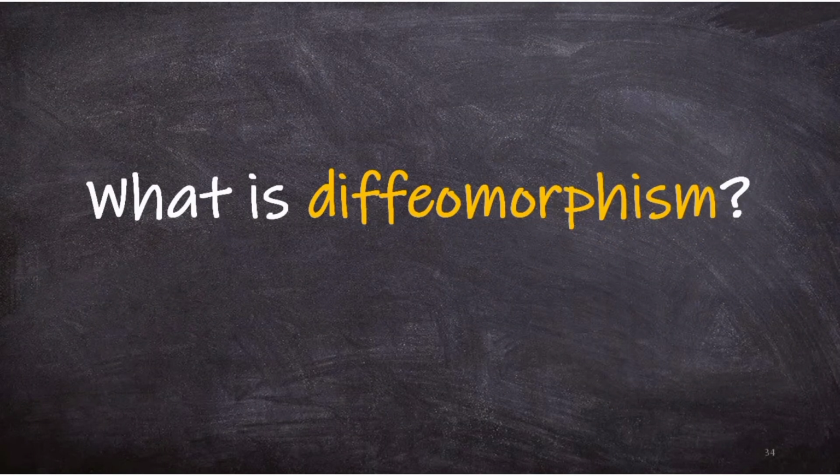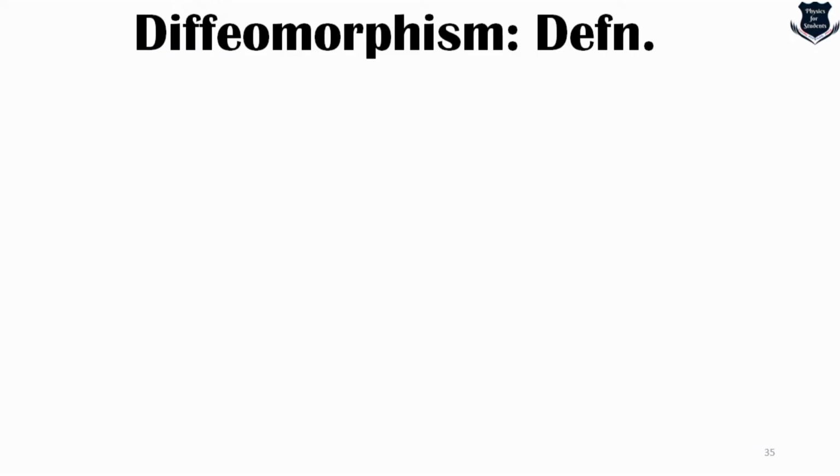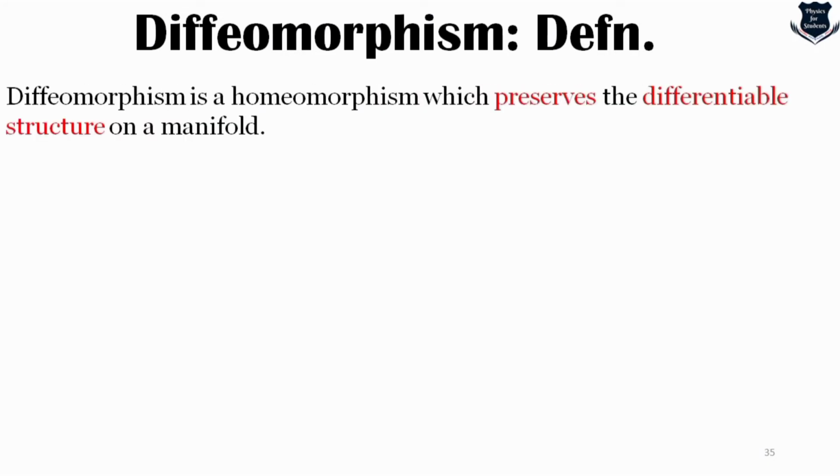Okay, so we come to almost the last part of our video, where we are going to explain what a diffeomorphism is. The word itself suggests it is a combination of differential and morphism. So the definition: a diffeomorphism is a homeomorphism which preserves the differentiable structure on a manifold.